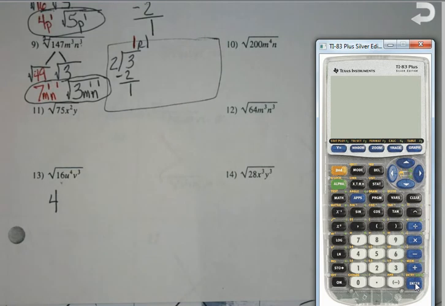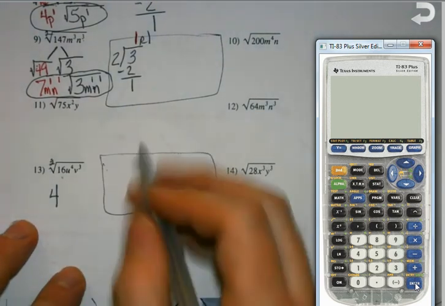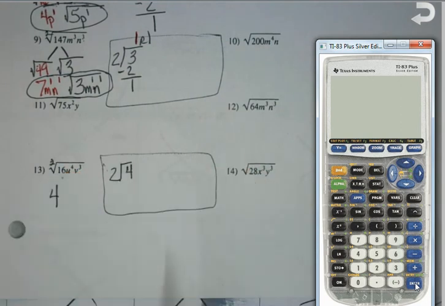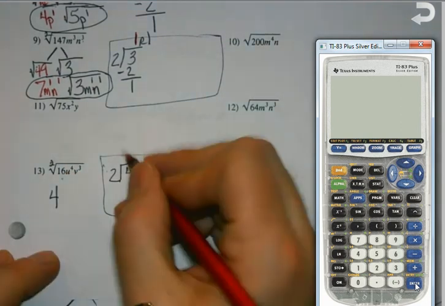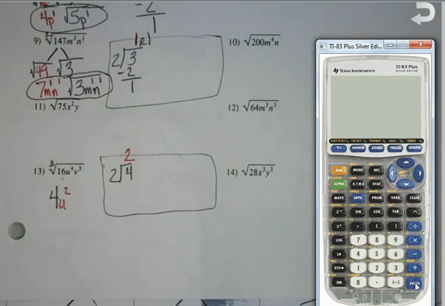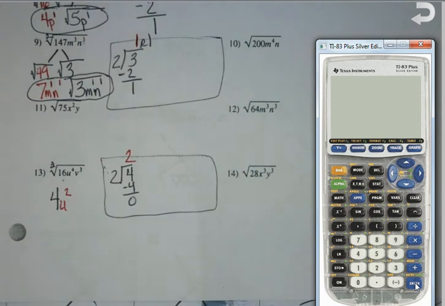I'm done. But now, when it comes to the variable part, my exponent's 4. How many times does 2 go into 4? 2, so I have u to the second. I don't have any remainder, so I don't have anything left to put underneath a radical.